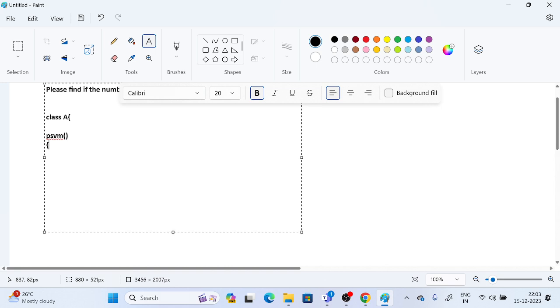So the given number is 7. I am declaring a variable as integer num equal to 7.